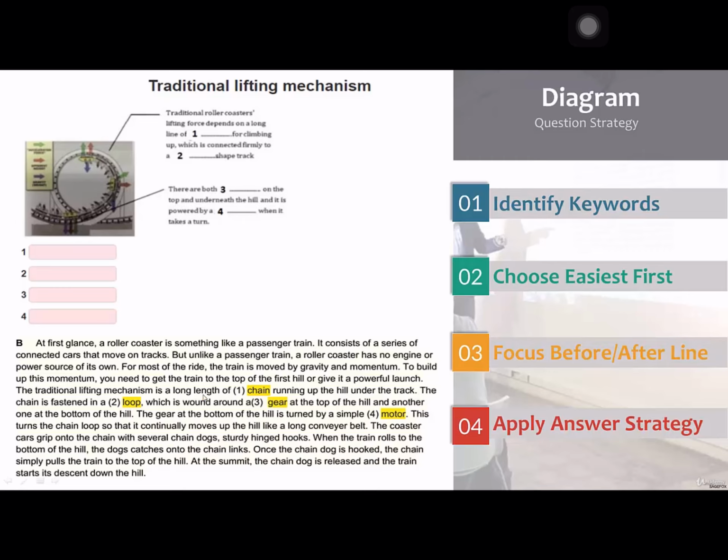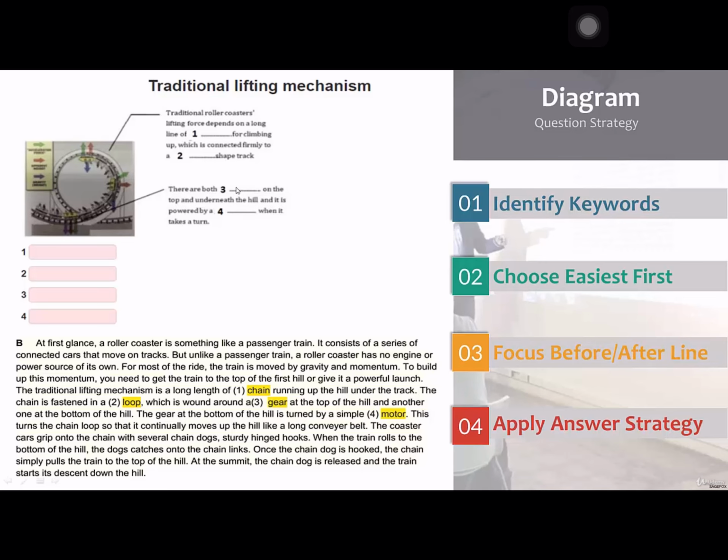And then number 3, which is wound around, that's tricky to say, huh? Which is wound around a gear at the top of the hill and another one at the bottom of the hill. So here we have, there are both gears. Now, if you wrote gears, here's a situation, this one is interesting. If you wrote the word directly from the passage, gear, it will be correct. But grammatically on the blank line, you can put gears.